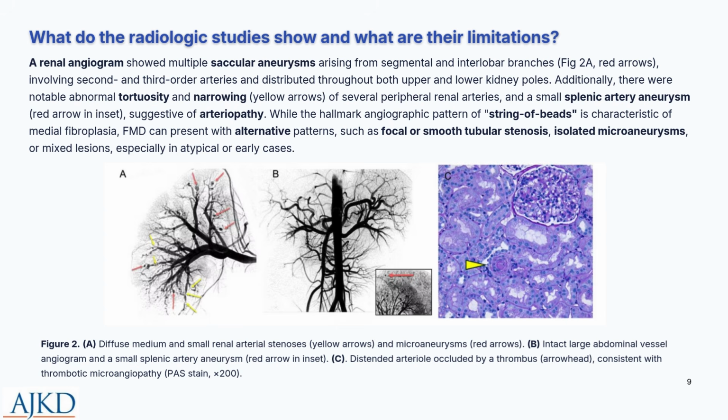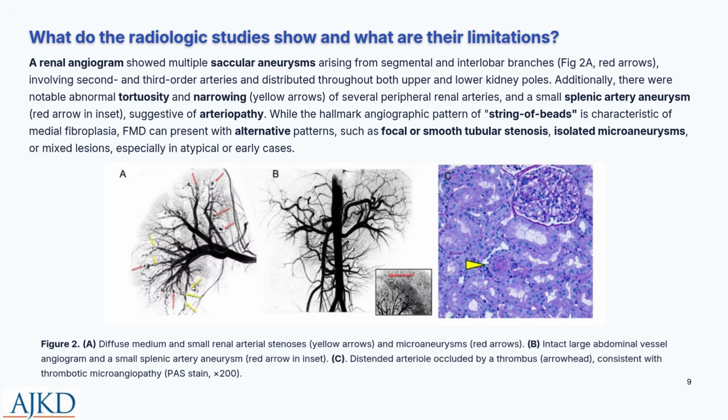The limitation, and this is an important teaching pearl, is that relying only on CT or MRI often misses these subtle branch-level abnormalities. Angiography remains the gold standard because it can reveal exactly this kind of fine vessel disease. When you are evaluating a young patient with severe hypertension and abnormal electrolytes, this level of detail matters.